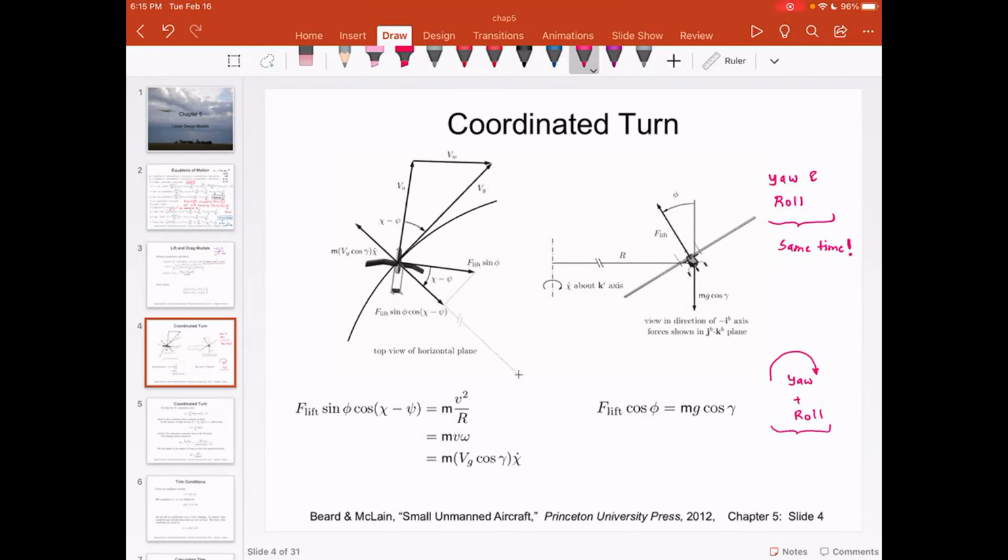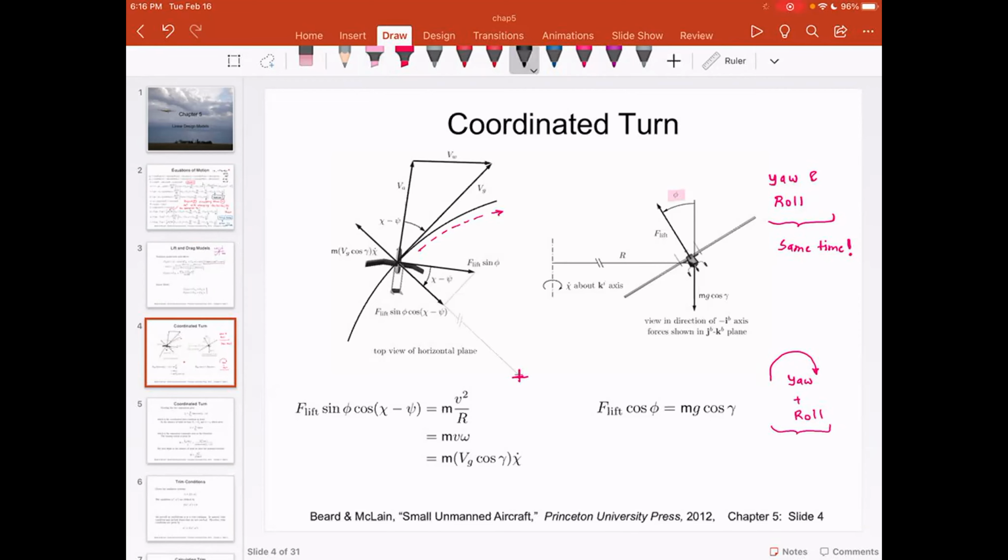So what happens in a coordinated turn? You have a center about which the aircraft needs to rotate. Please notice that the aircraft needs to rotate about this, but as it is rotating, it also banks, it also yaws. So you will see that there is a non-zero roll angle along with the yaw. The way it works is something like a centrifugal acceleration.